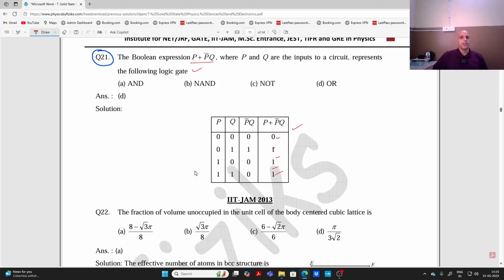So this is basically an OR operation between P and Q, right? So OR operation is the correct answer, because OR means P plus Q. So 0 plus 0 is 0, 0 plus 1 is 1, 1 plus 0 is 1, 1 plus 1 is 1, right? So this is the correct answer.